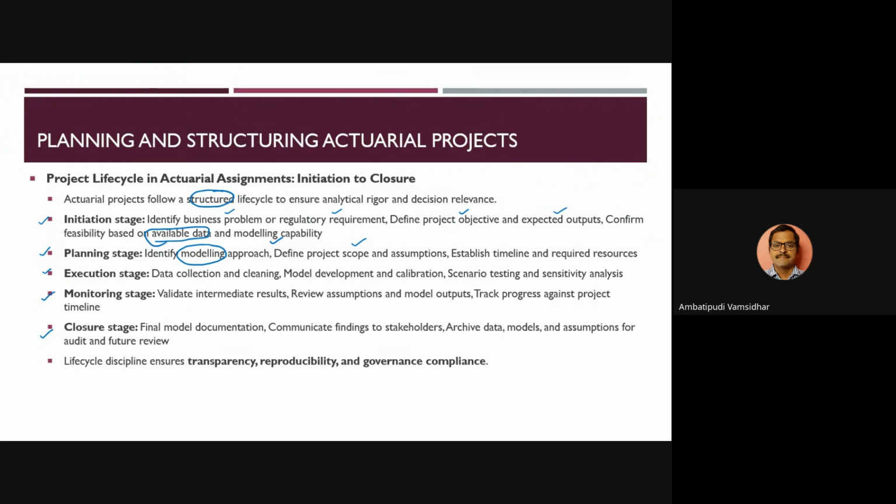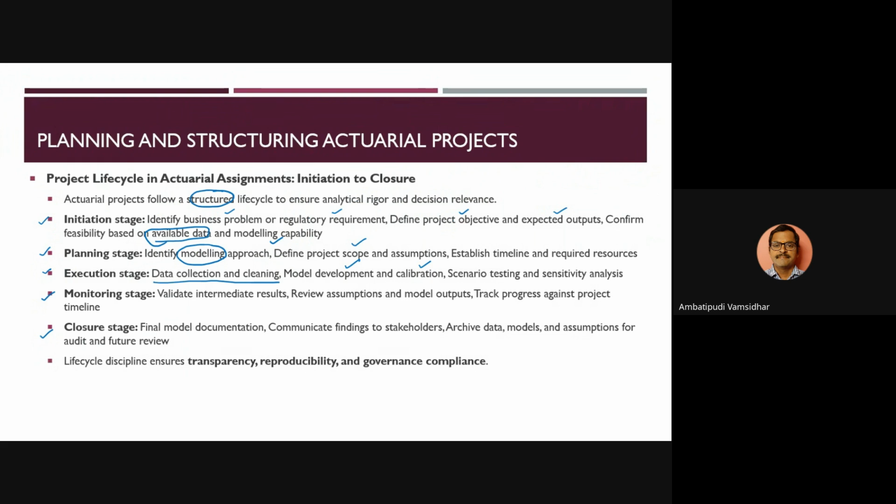All that planning will typically happen during the planning stage. So once you are done with that, the execution is actual work. You collect the data, you clean the data, you develop the model, you calibrate the model, do a scenario testing, sensitivity analysis. All that is about the implementation of the model.